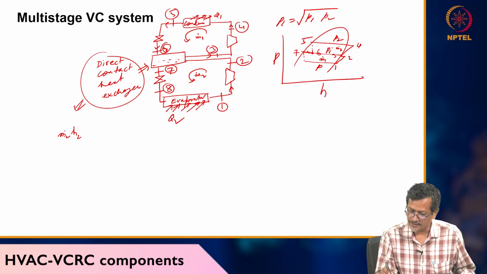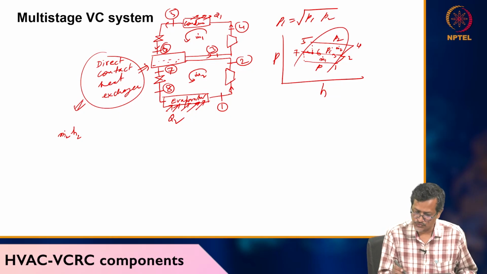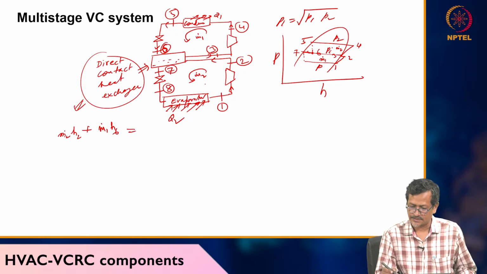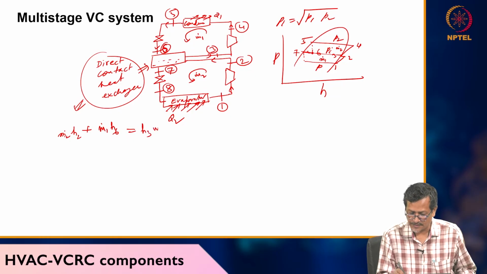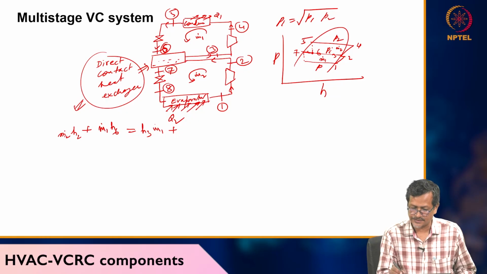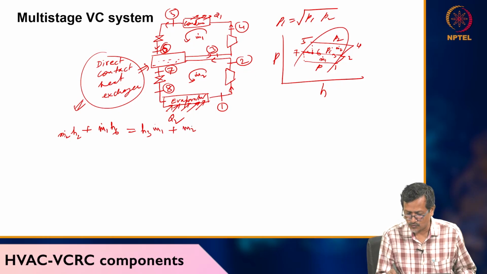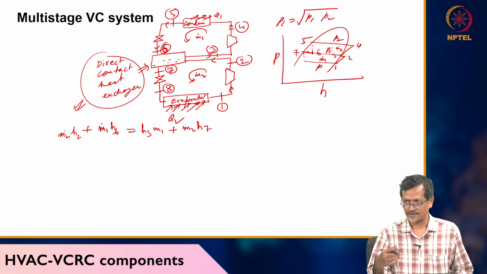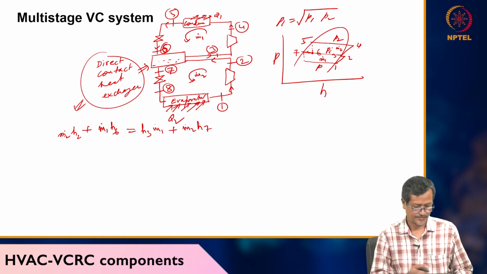Here, M2 after compression, M2 dot H2, plus another fluid entering from 6, M1 dot H6, equals fluid exiting at 3, M1 dot H3, plus exiting at 7, M2 dot H7. So I have done the total heat balance: total amount of fluid entering, total amount of fluid exiting.